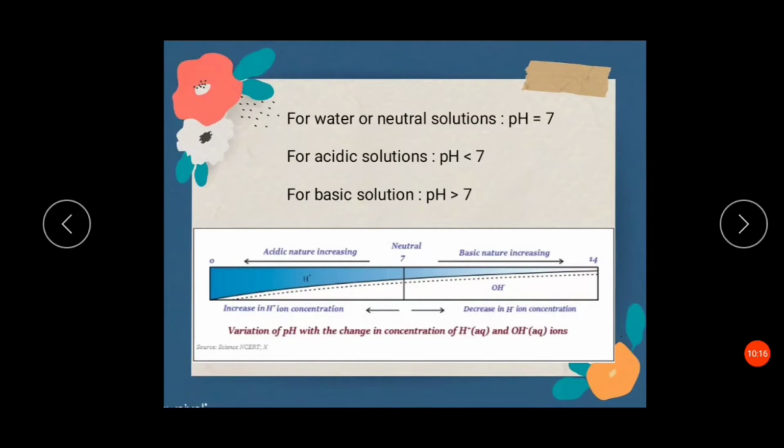Here you can see the OH. This blue color shows the H plus ion, and this white color shows the OH minus ion. The OH minus ion here is less, and as we go it increases, and the number here is 14. It shows that 14 is the strongest base. Okay.